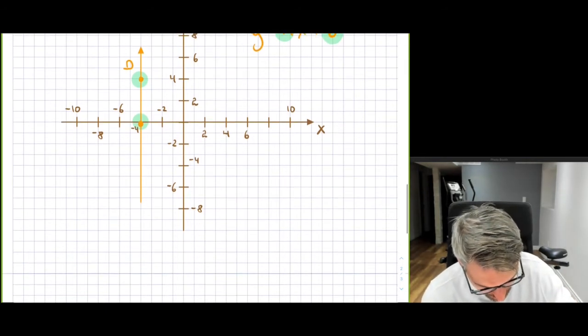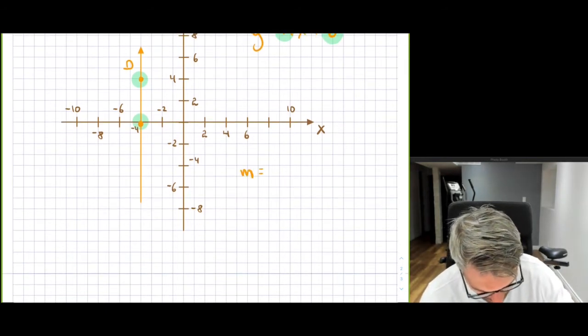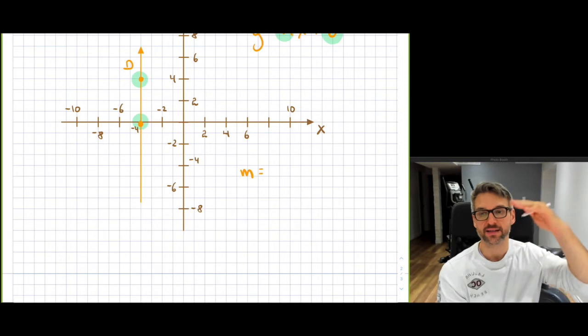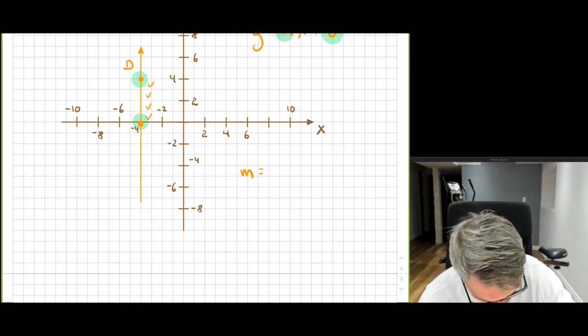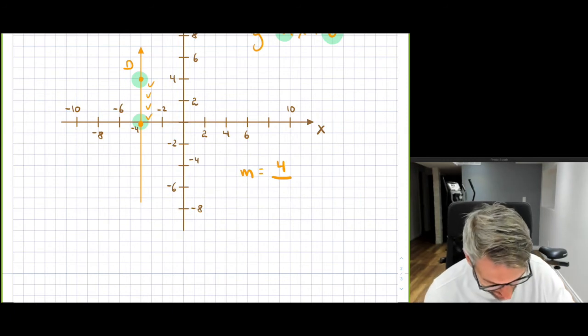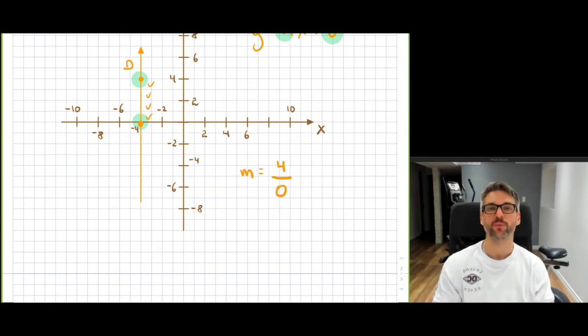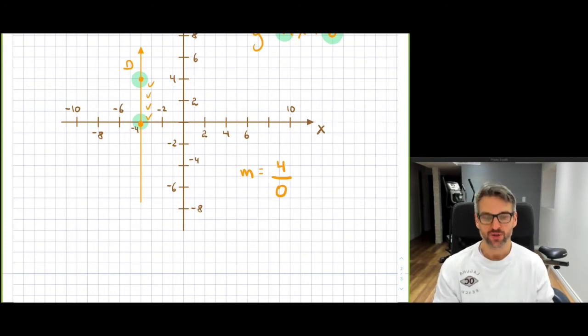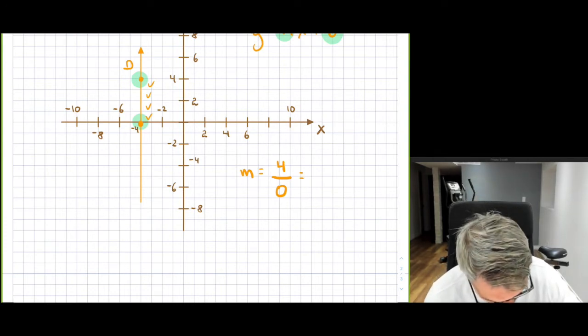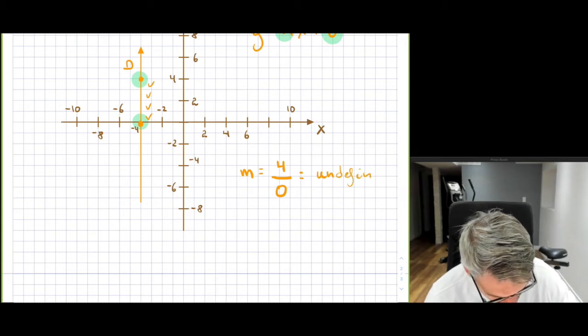Now, if I wanted to do rise over run, so slope equals, my rise in this case, I'm rising 1, 2, 3, and 4. But my run, there is no run. It's 0 because it doesn't move anywhere in the x direction. So this is an infinite slope, or it is called undefined for us.